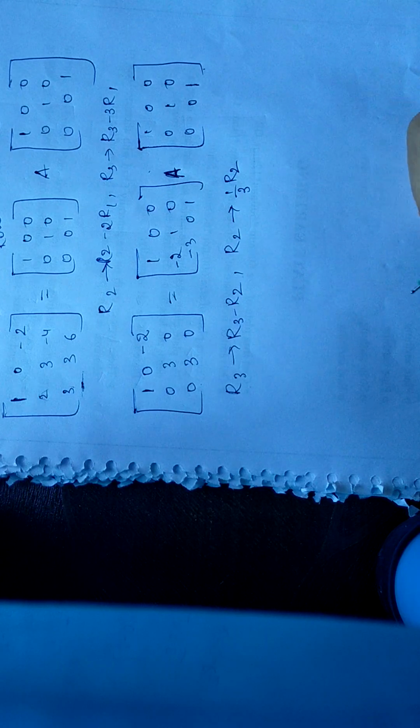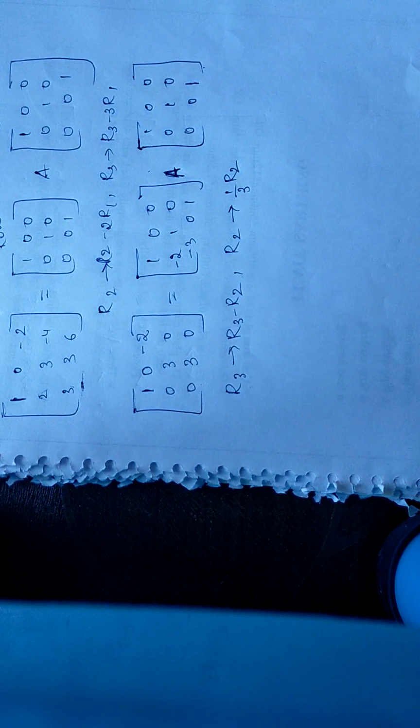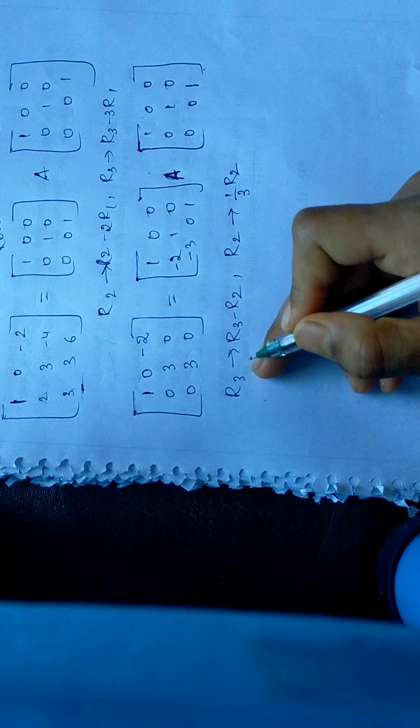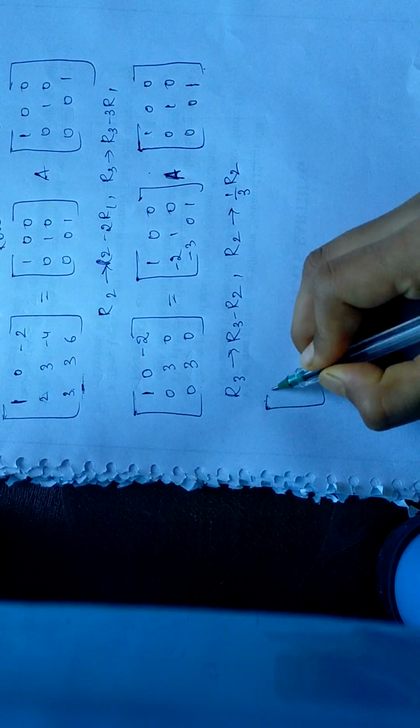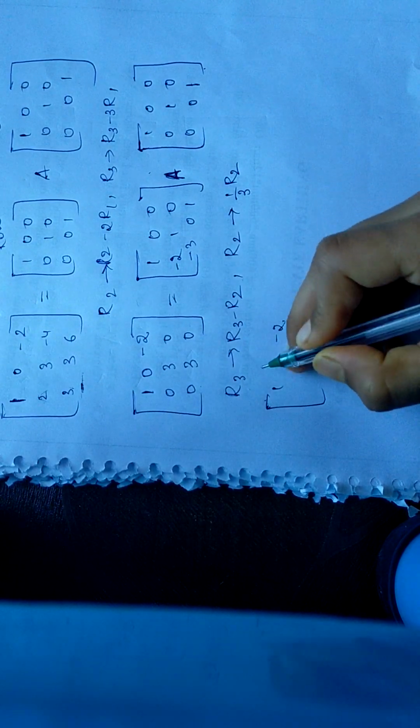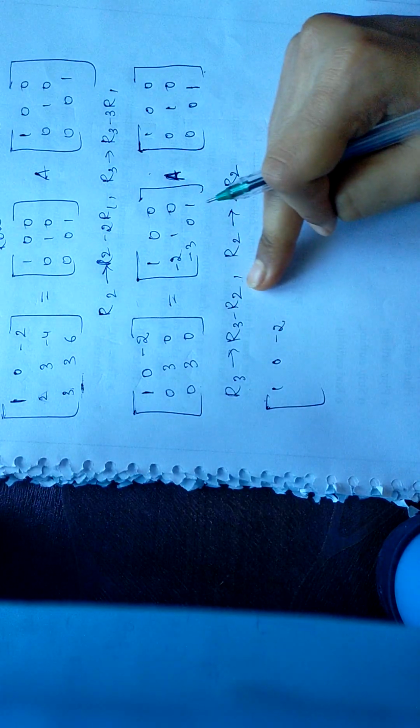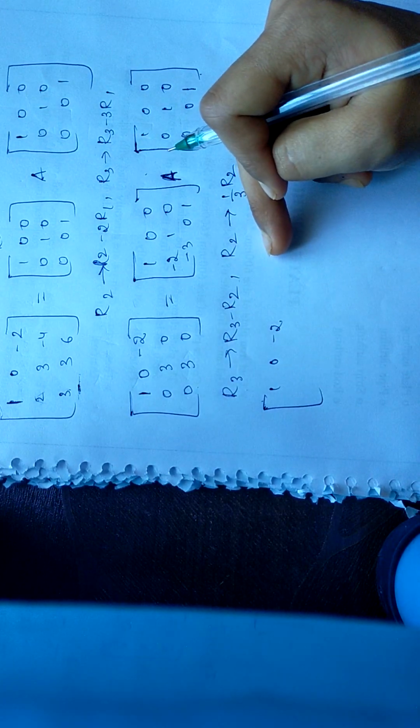Okay, now what we have to do is here, so we will here write quickly the answer. So we are not changing first row, it will be same. Second row we are updating it in the later step.